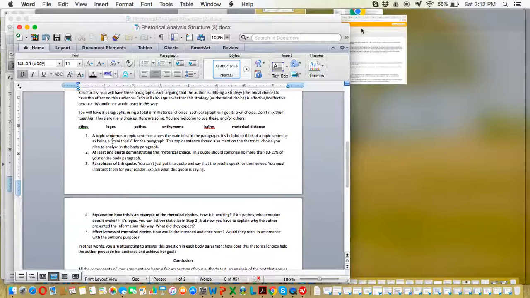For ethos, how does the author establish their credibility? For logos, how do they structure their argument and their reasoning? How do they present the numbers? For pathos, how do they capitalize on, and that's kind of a negative connotation, but how do they try to use emotion to get the effect they want?